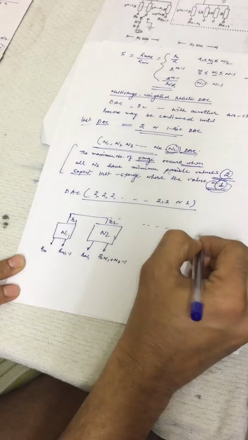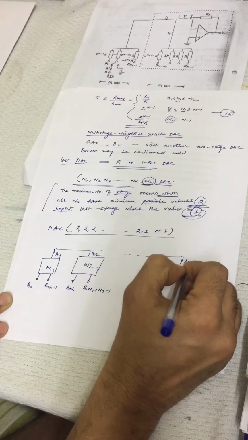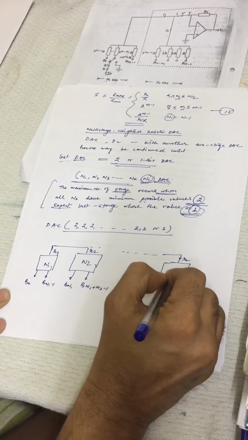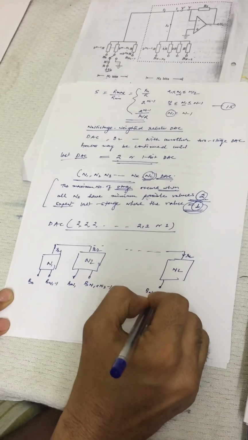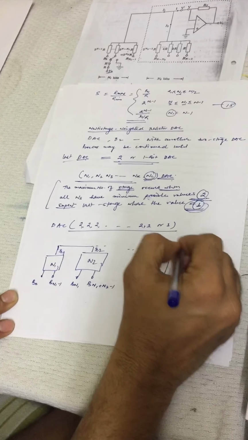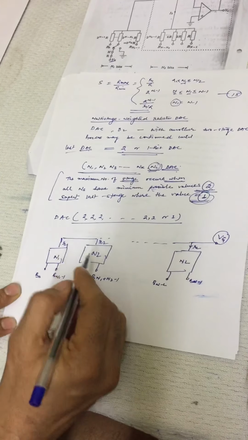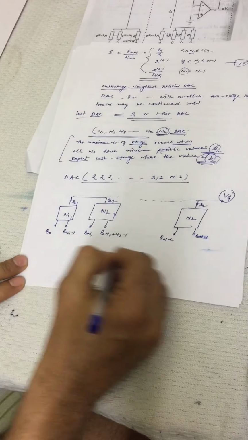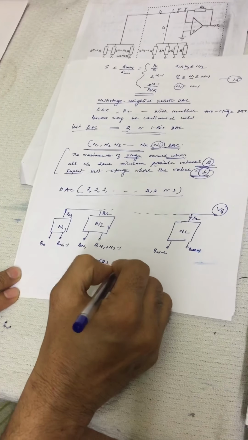Similarly, we will have the last stage NL. This is my value RL, the stage is NL, where the signal inputs will be Bn minus L up to Bn minus 1, and this will be connected to VG, the virtual ground point. Ultimately this is known as the L stage DAC.